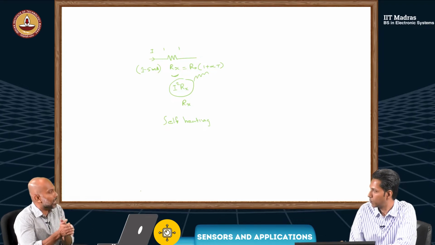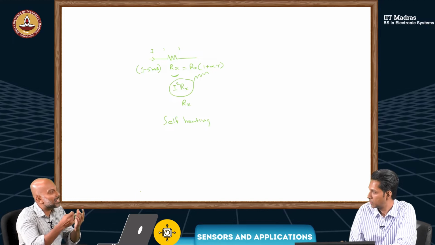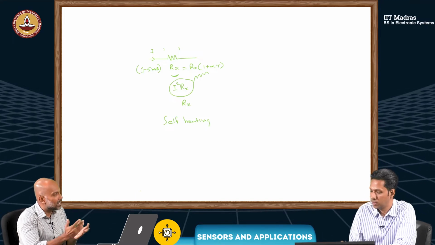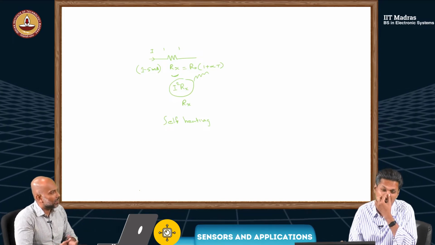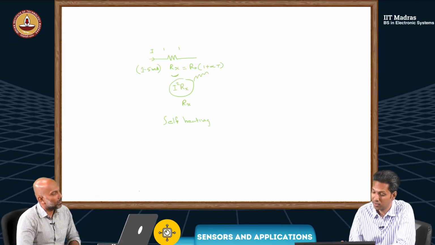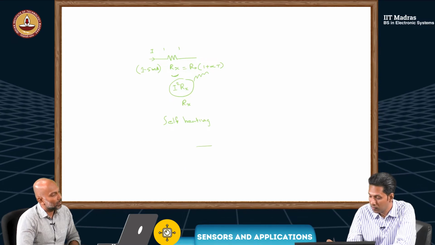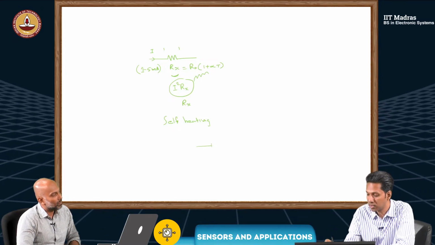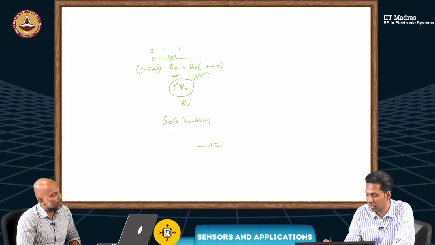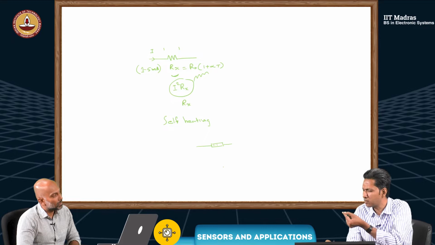This 1 to 5 milliamperes, is that the current that you send so that it doesn't increase the temperature too much? Is that how you decide on the current? Maybe I have a different way to bring that in. I have seen, not an RTD, just a resistor in the lab. There is some color coding, but they are usually small.